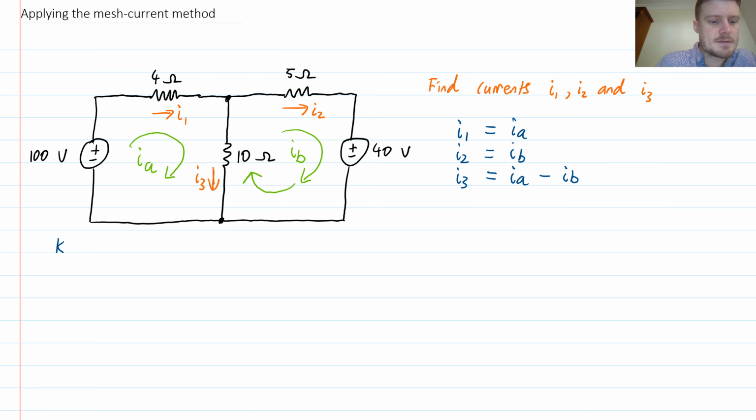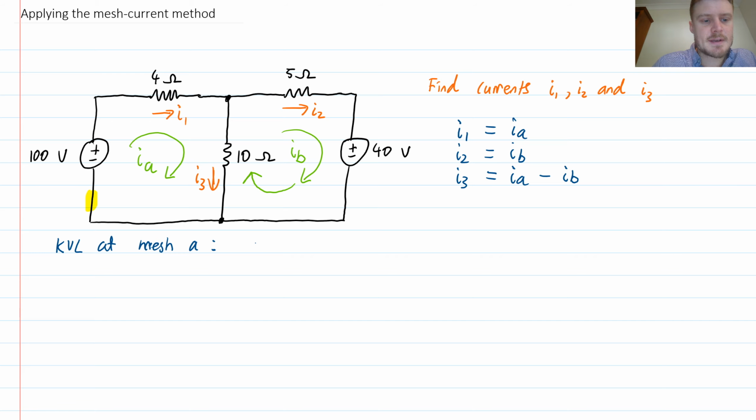If I do Kirchhoff's voltage law at mesh A, then this is what I will get. I choose an arbitrary point where I will start, and I proceed in the direction of my current arrow.